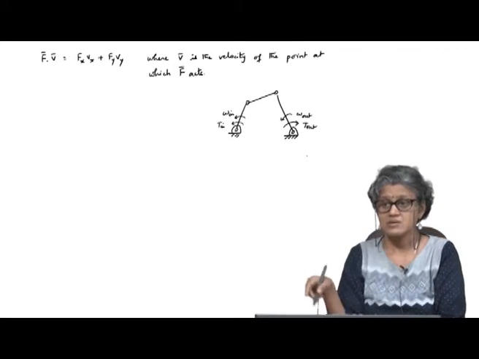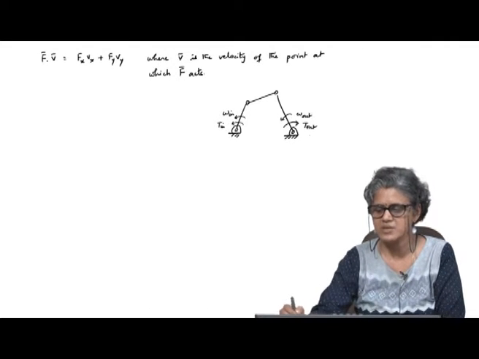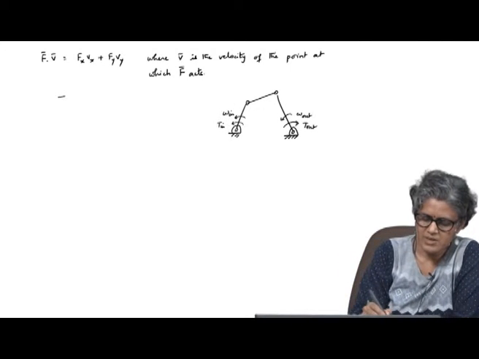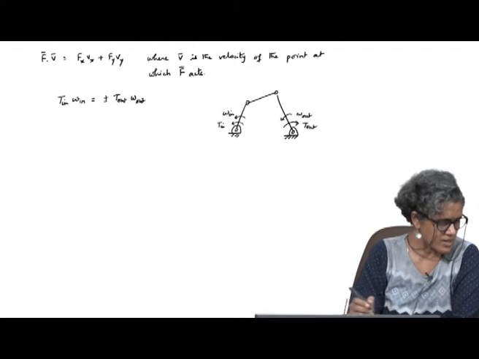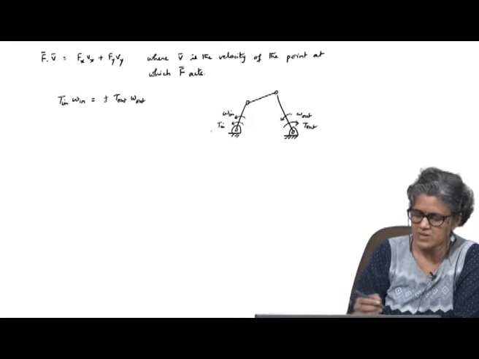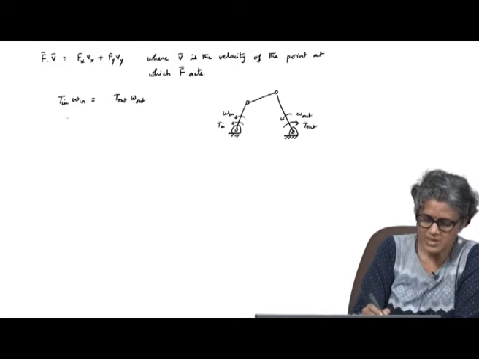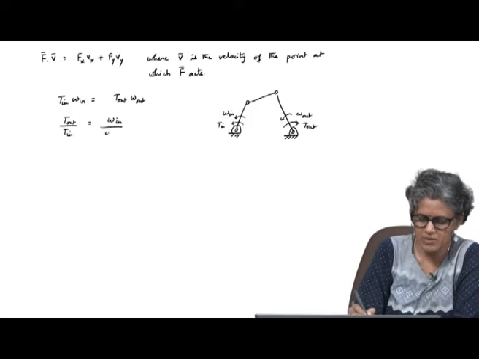So, the resistance is your output torque. If you have something connected to this which is lifting a load, so the resistance. Then you have T in omega in equal to T out omega out. Depending on the directions, if both are in the same direction it will be plus, otherwise minus. So, T out by T in is omega in by omega out.